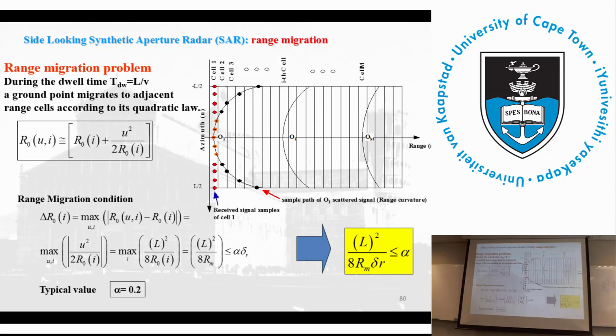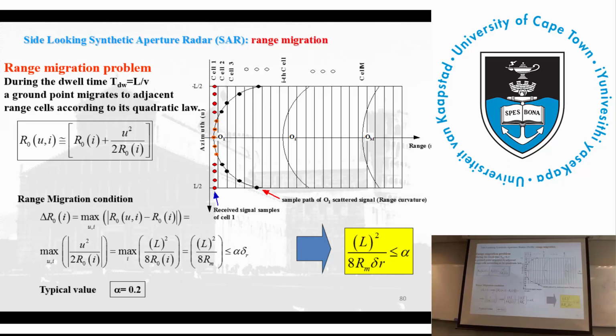And this curve here follows exactly that rule that we've seen before. But so far we ignored the fact that it was leaving the range cell. In fact, we have processed the signal as if that was always present in the same range cell. So there must be some condition that tells me whether I am in a condition where range migration is not occurring, or in a condition where range migration is occurring.